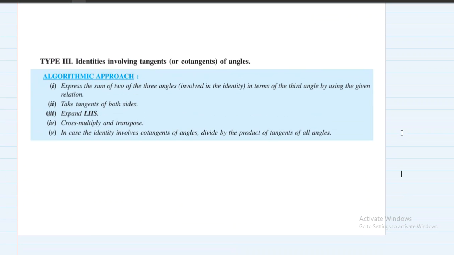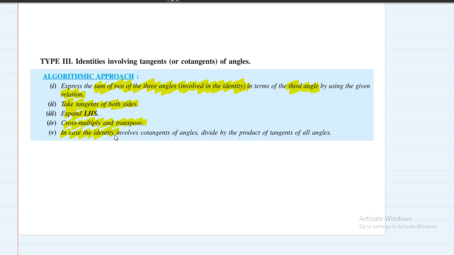So, identities involving tangents or cotangents of angles. What we have to do here is express the sum of 2 or 3 angles involved in the identity in terms of the third angle by using the given relation. Then take tangents on both the sides. Here the algorithm is slightly different, but it is doable. Then you have to expand the LHS, then cross multiply and transpose.